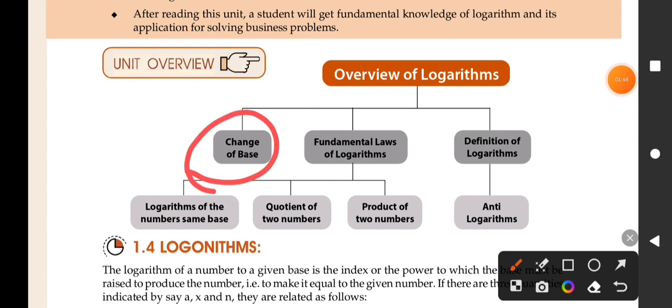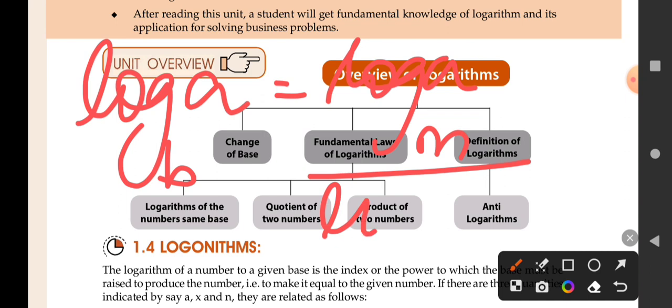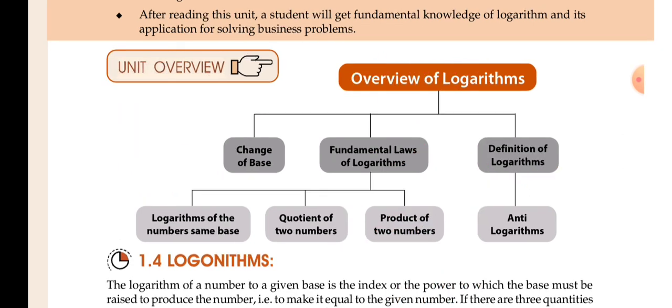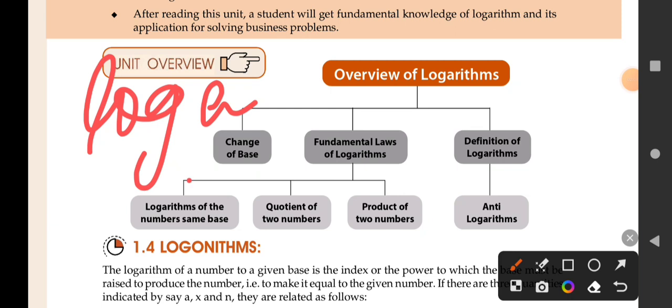Change of base: log a to the base b is equal to log a to the base m divided by log b to the base m. Some special logs: log a to the base a is equal to 1.